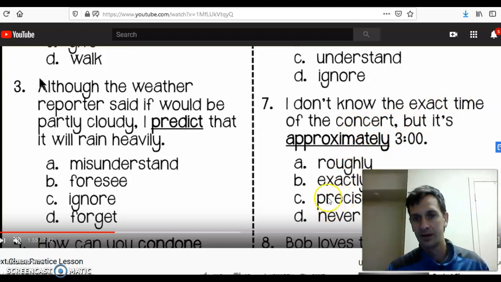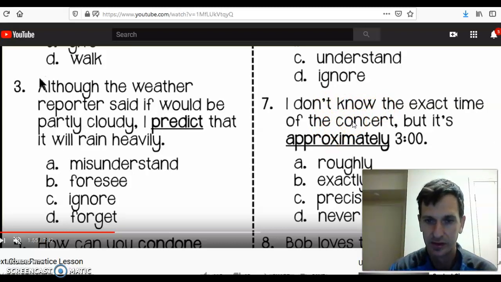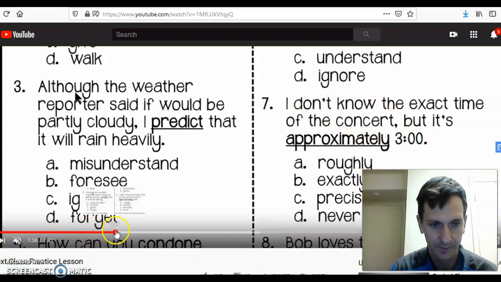But it's never 3 o'clock or roughly 3 o'clock. She doesn't know, but she knows it's around, close to. So it's roughly 3 o'clock. Using what we know from the sentence, we're getting our answer. Okay, moving ahead.